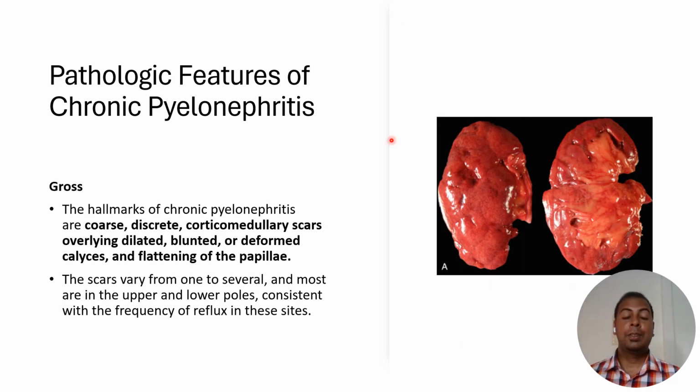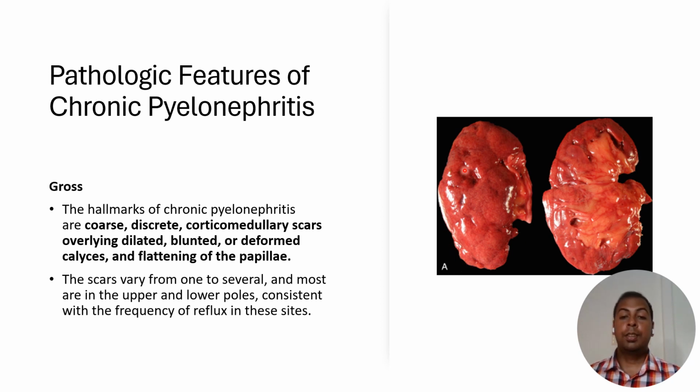All right, so now let's look at the gross pathologic features of a patient with chronic pyelonephritis. So the hallmarks of chronic pyelonephritis are coarse, discrete corticomedullary scars overlying dilated, blunted, or deformed calyces and flattening of the papilla. So on this diagram here, you can see this is the outer surface of the kidney of a patient with chronic pyelonephritis.